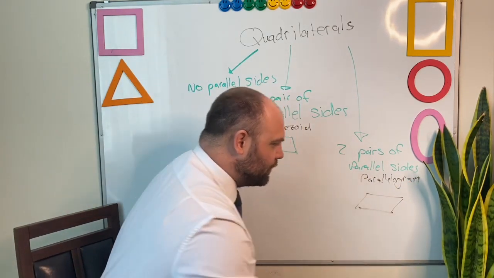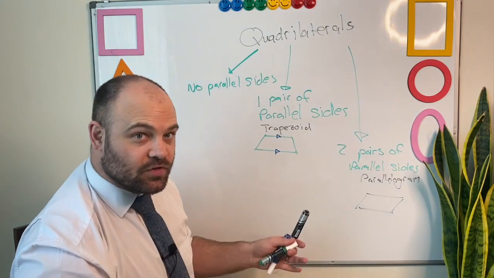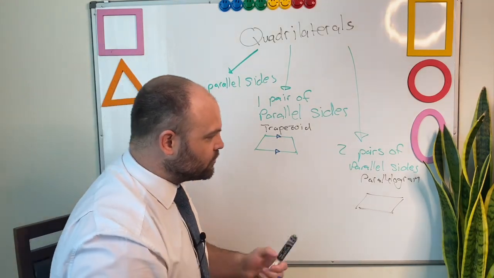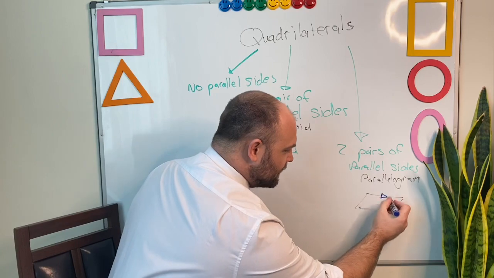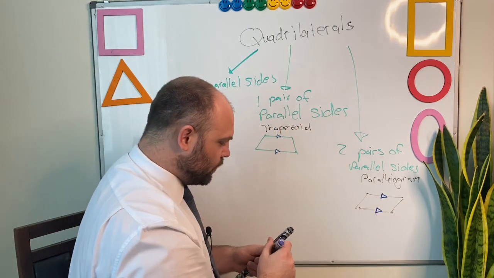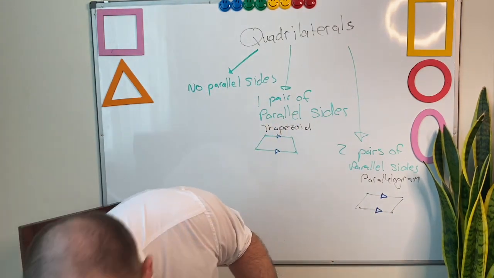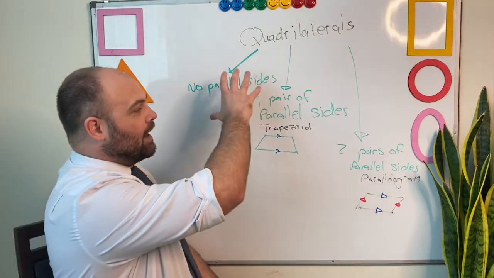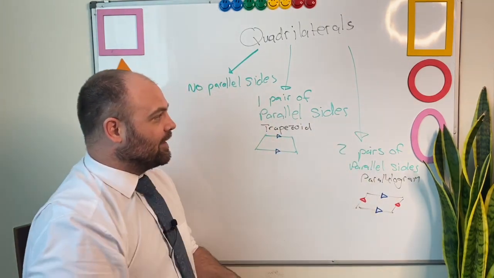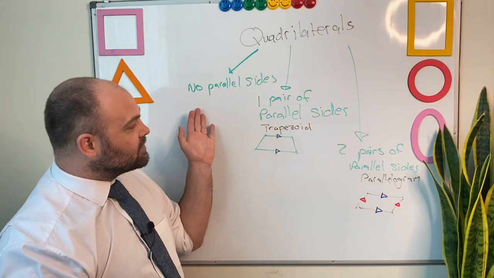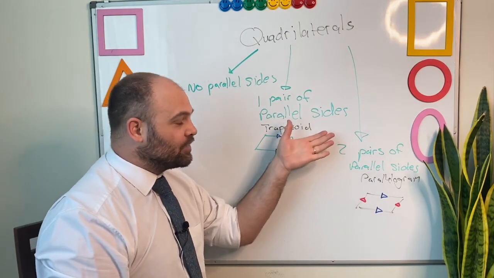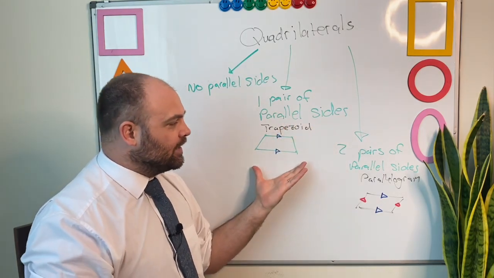Okay, and there are many different types of shape that we've learned that have got two pairs of parallel sides. But the way that this works is we start off by sorting them into these three categories. If it's got no parallel sides, it's just a quadrilateral. If it's got one pair of parallel sides, then it's a trapezoid.